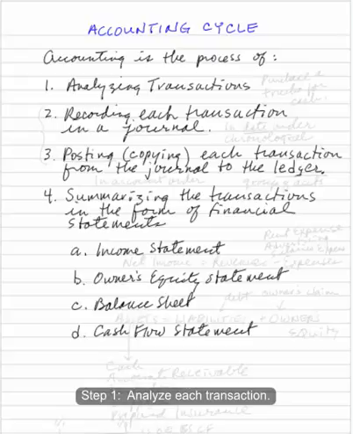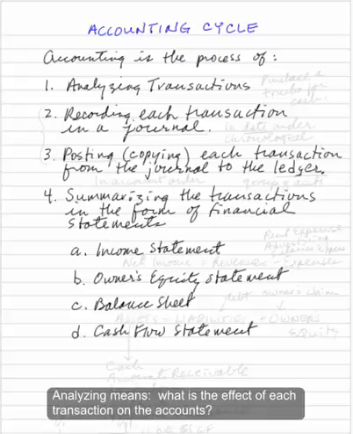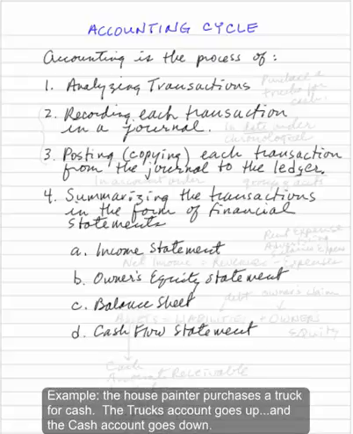If you're in the accounting profession, you look at perhaps a purchase of equipment or the payment of a bill, and you have to analyze that transaction based on its effect on accounts. So at this point, you don't really know what a transaction might be, but let's just sketch one out here.